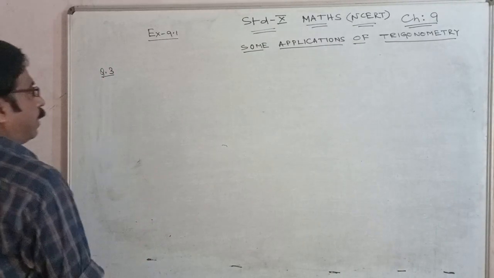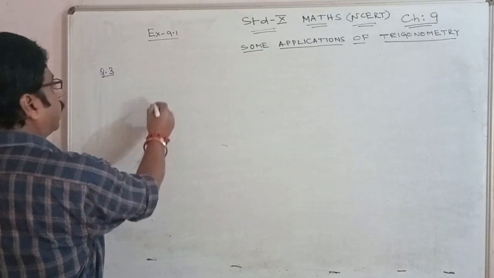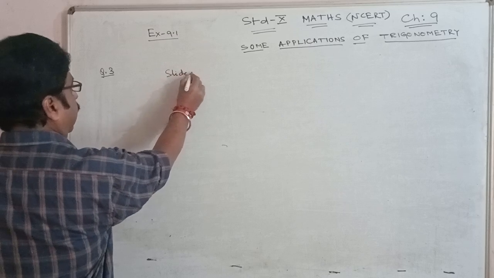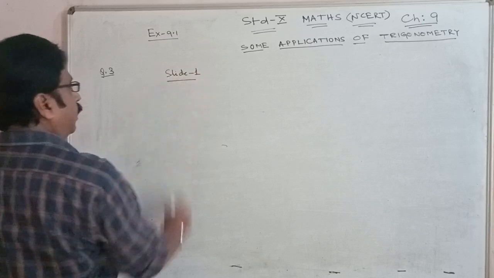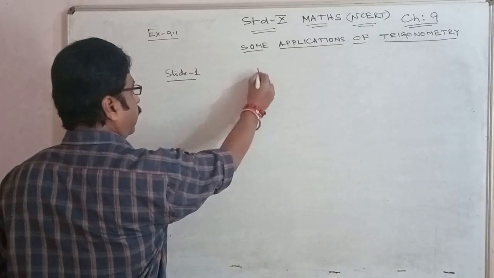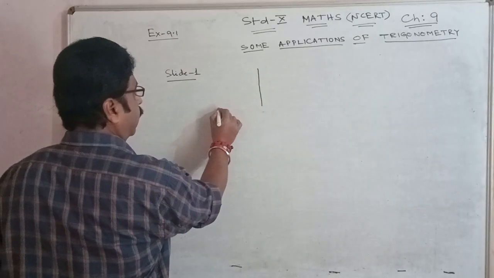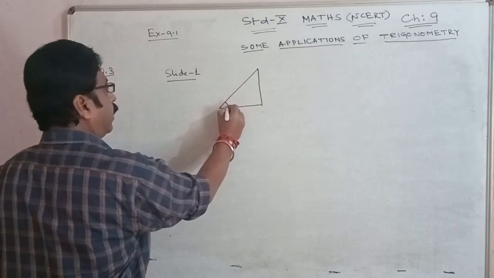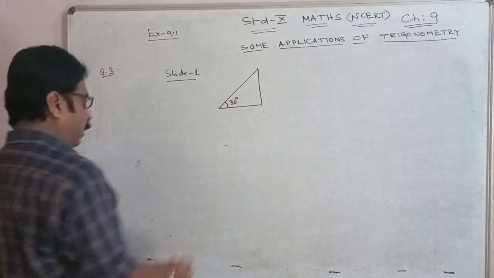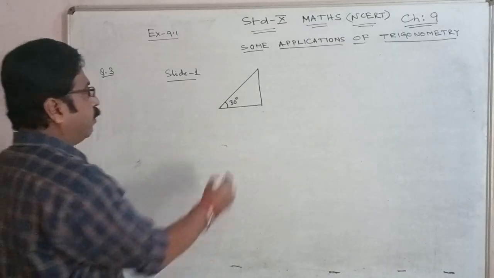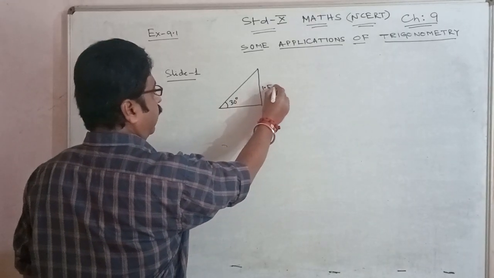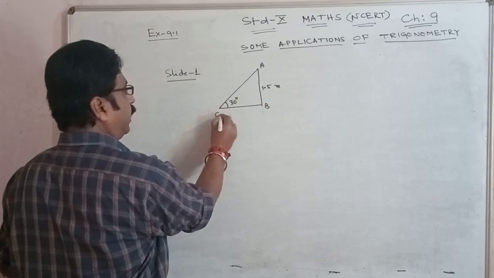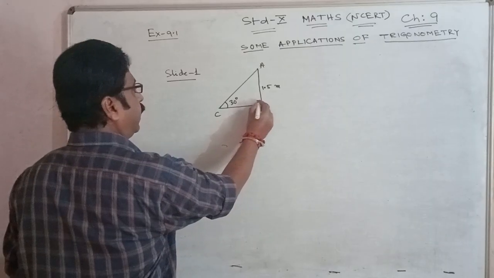Slide 1. We can write slide 1. It is like this. It is given 30 degree and height is given 1.5 meter. Suppose A, B and C. It is 90 degree.